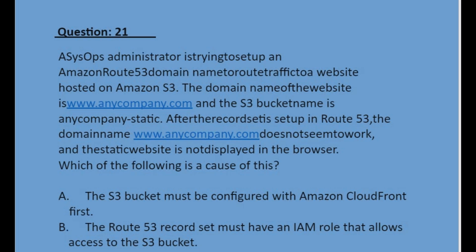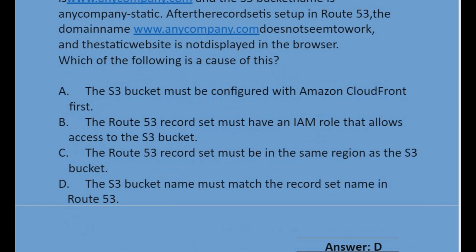After the record is set up in Route 53, the domain name www.anycompany.com does not seem to work and the static website is not displayed in the browser. Which of the following is a cause of this?